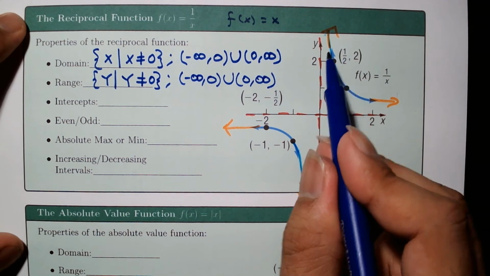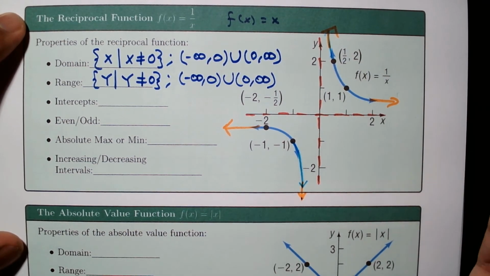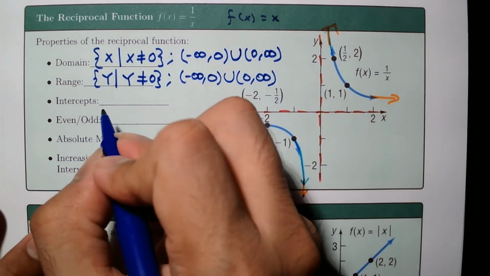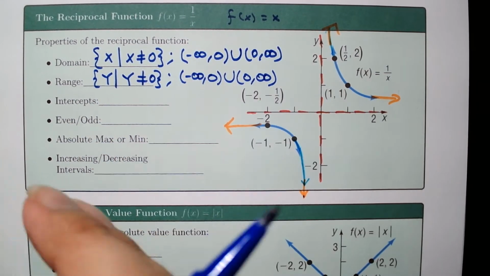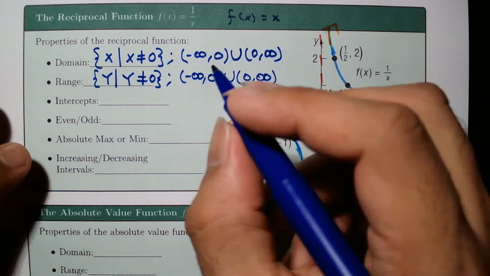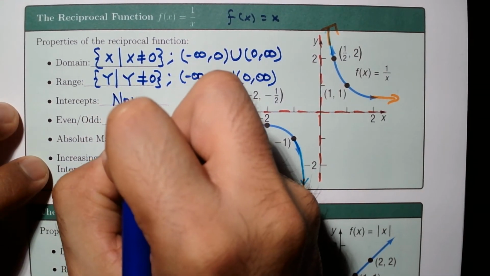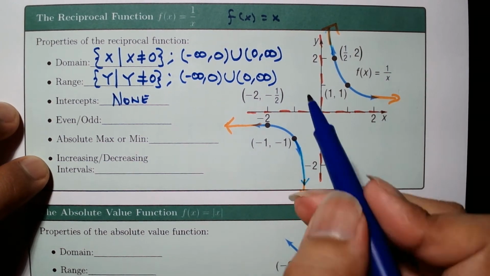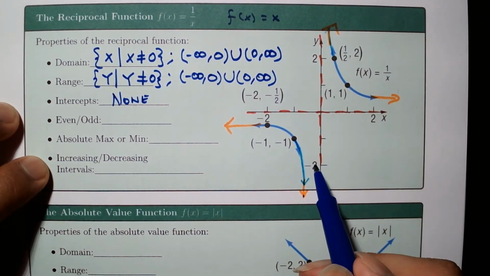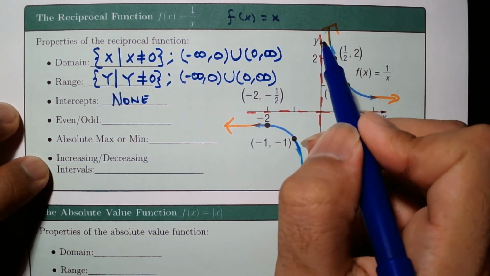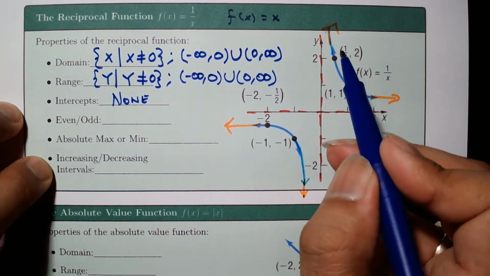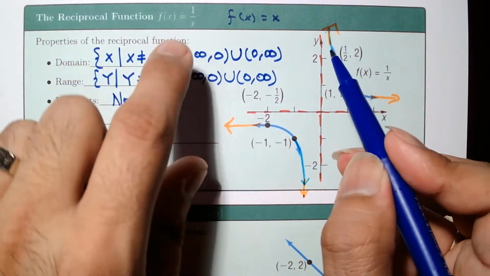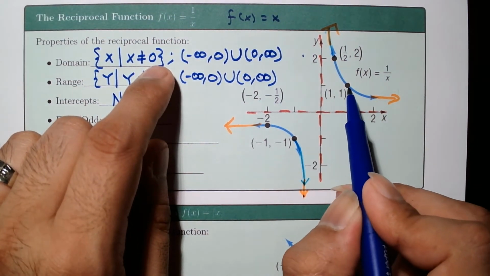Intercepts: if you look at this graph, it does not intersect the axes at any point at all, so we just say none. Is this function even or odd? Look at the symmetry here. Use these asymptotes to look at the symmetry. Across the vertical asymptote, we don't have any graph to the left that is reflecting these points.